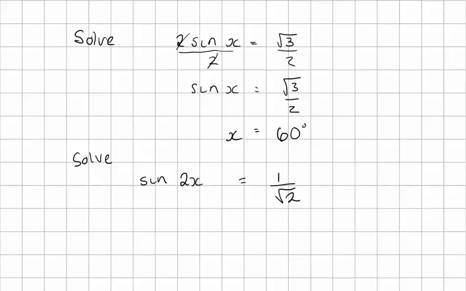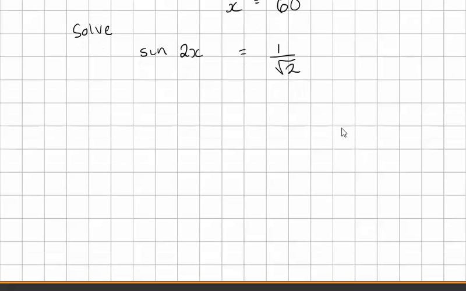Okay, so we've got to solve sine of 2x is 1 over root 2. Aaliyah, do you want to talk me through how you went about it? I don't exactly know, but I know sine 45 was 1 over root 2. Okay, right, so fine. Sine of 45 is 1 over root 2. We've remembered that.